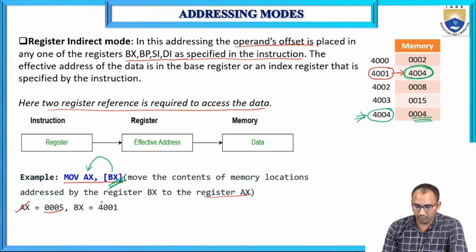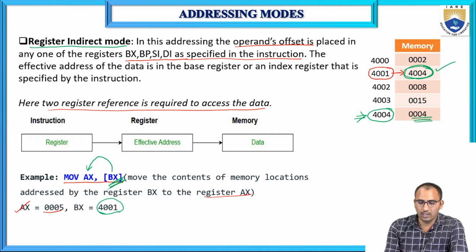This 4001 location contains the address of the operand. That is called register indirect mode. That means the address of the operand is given in an indirect way, and that's why it is called register indirect addressing mode.